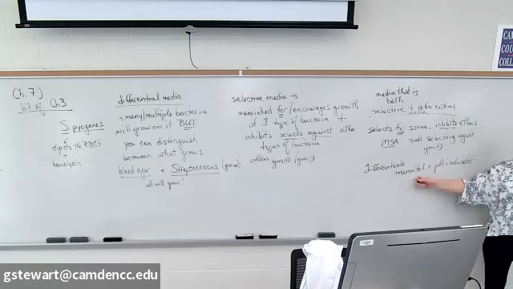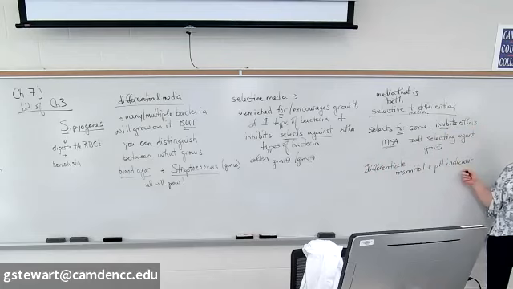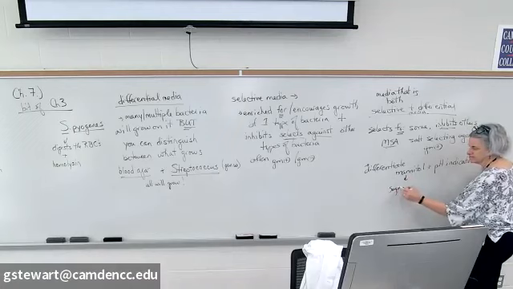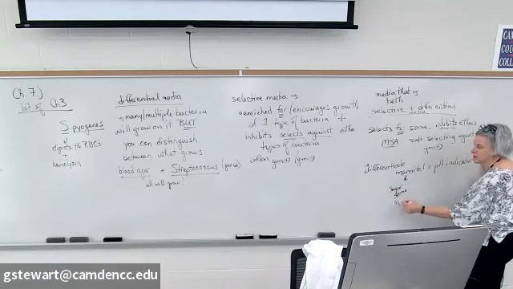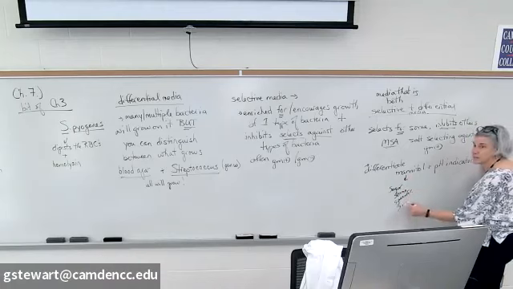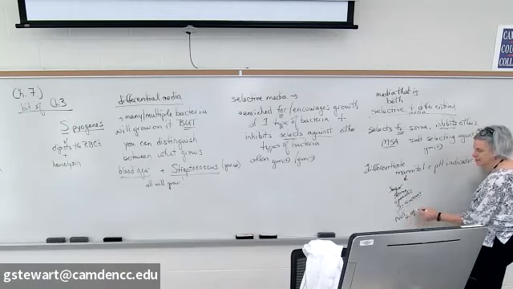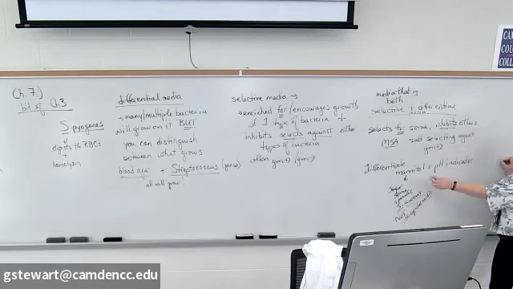Mannitol is a sugar. Only some gram positive bacteria will eat that sugar and produce an acid that will change the pH, which will change the media from red to yellow. So some specific bacteria, like Staphylococcus aureus, for example, but not Staphylococcus epidermidis, will digest the mannitol, produce an acid, which will change the pH indicator from red to yellow.